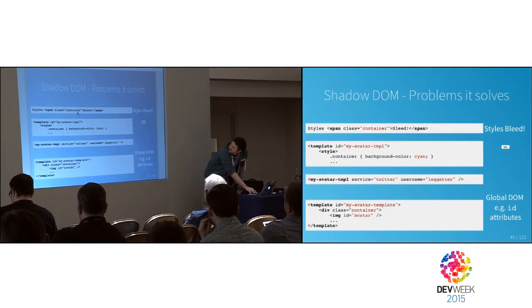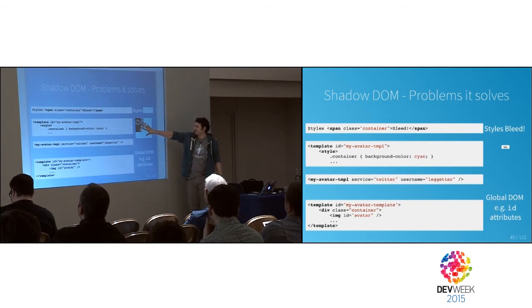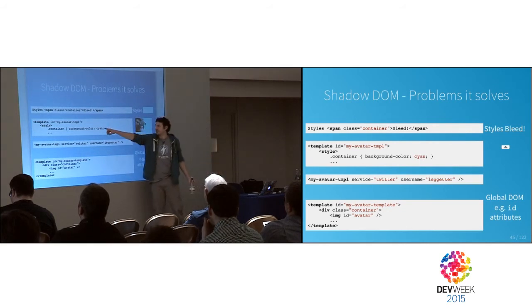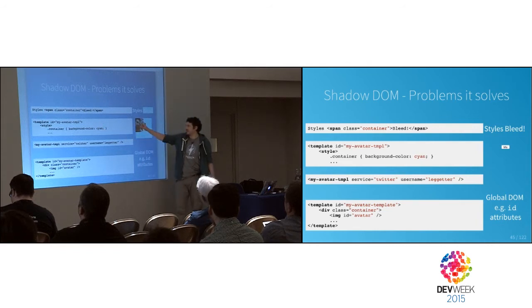Oh, right, sorry, yeah, this thing here has got a container on it. So when I add my custom element to the DOM, it adds this style element with the rule on it, background color cyan. So anything else that's using the container class also all of a sudden gets that style.